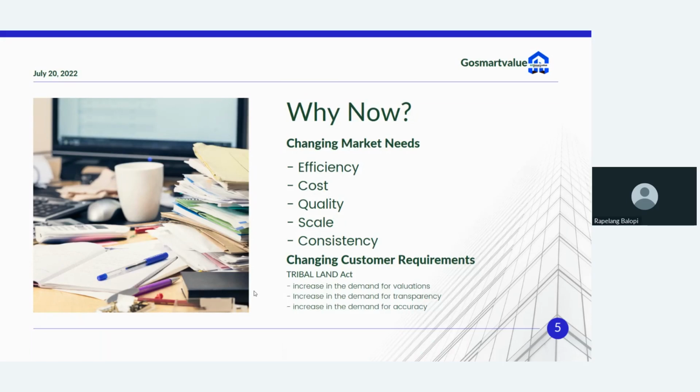Nobody loses a deal because valuation firms cannot take on a certain number of jobs at a time. And then the most important one is consistency.